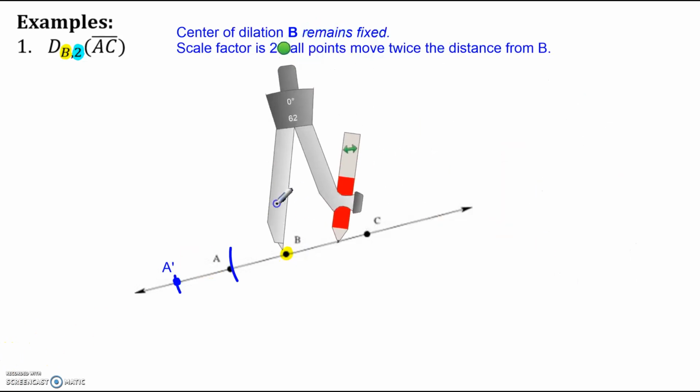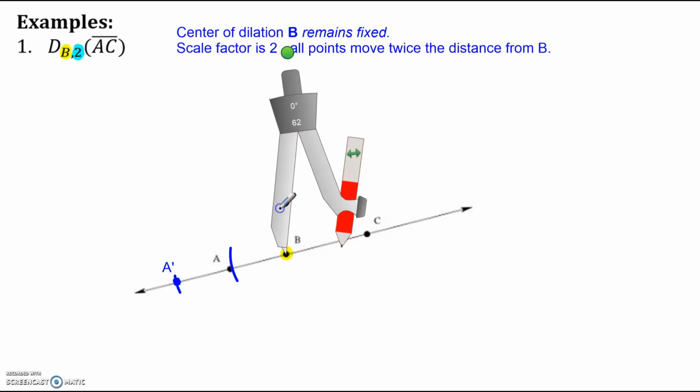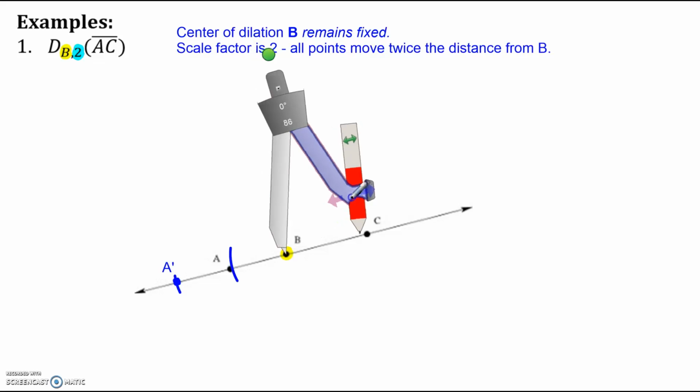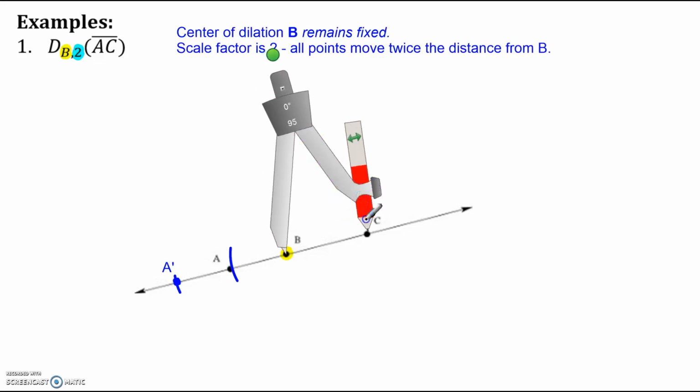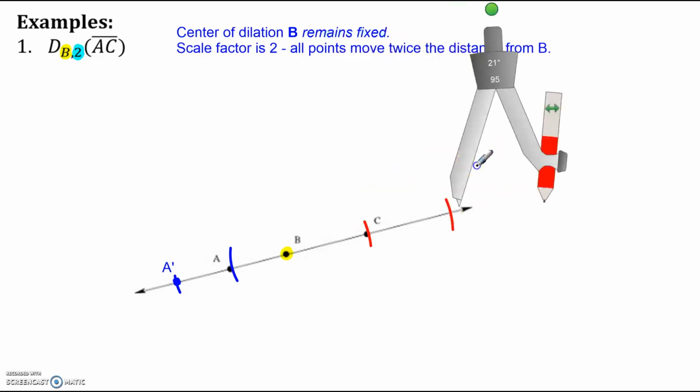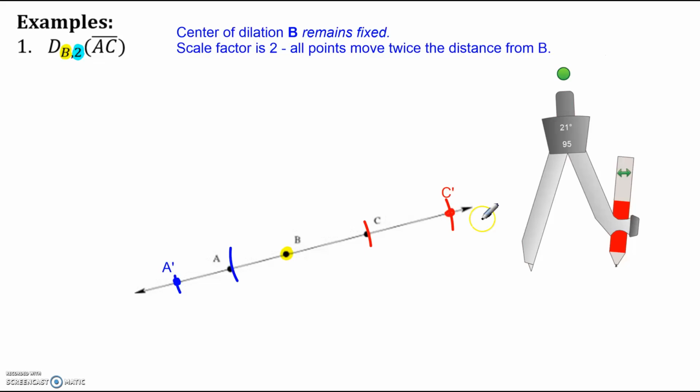Now we're going to do point C the same way. So we're going to go to point B with our compass, and we are going to open our compass as wide as it takes to get to point C, swing the arc, and then we're going to move to that arc and repeat a second one. And this will be point C prime, and it's twice as far away from point B, the center, as the original C was.